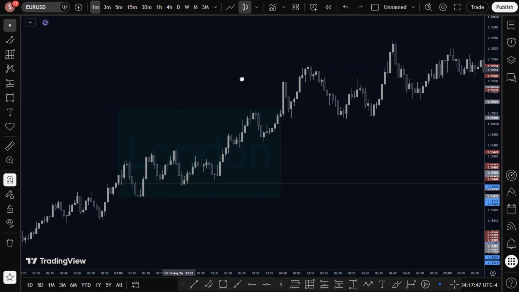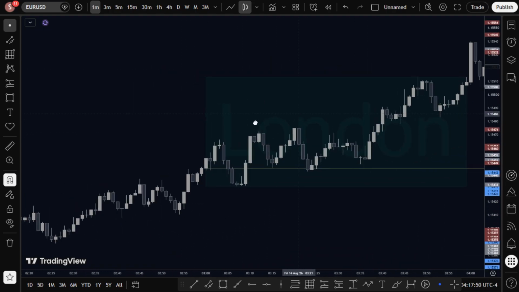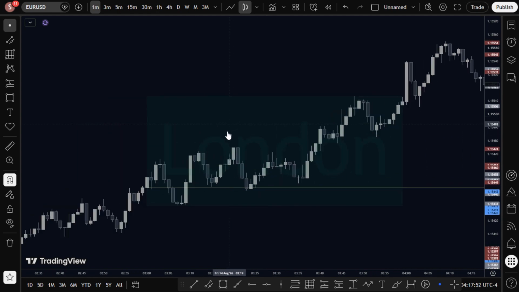Let's look at, this is our window. So price took out this low into a fair value gap or into this other block. Okay.